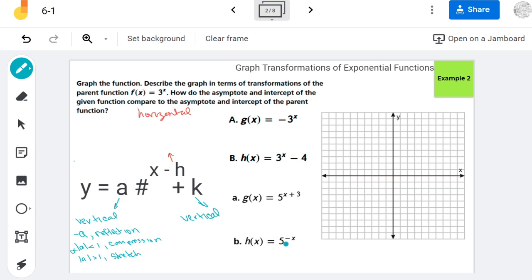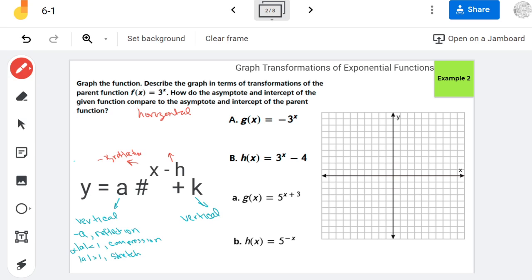Now, this is also going to introduce a b here. This b does a change horizontally as well that feels a little bit backwards. I'm not going to go into too much detail on it, but understand if you have a negative x here, it's going to be a horizontal reflection.